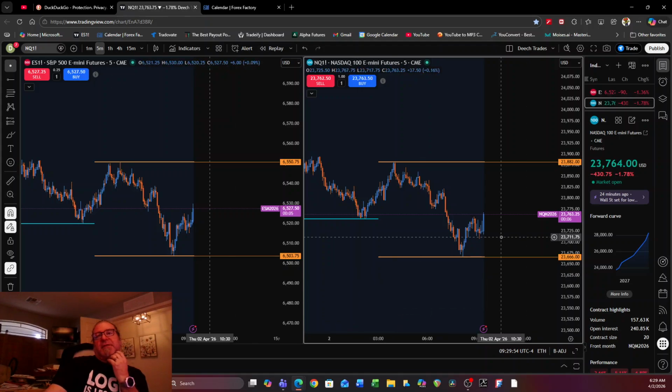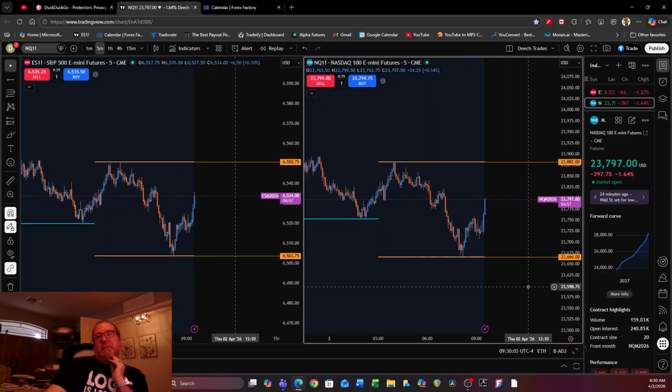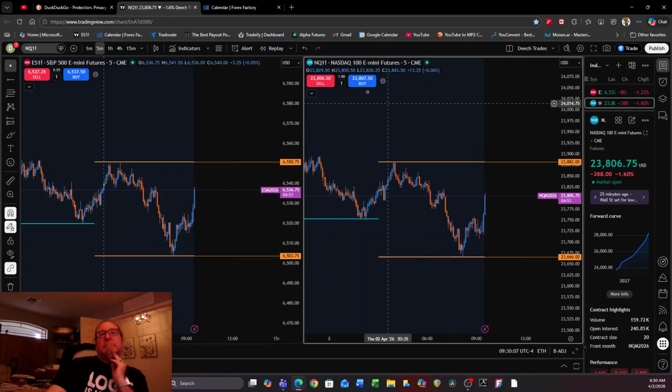So looks like this area of liquidity is being worked out right now. I think it's going to be the fair value gap here in London right now. So there we go. Shooting right up right away. Give it a second because it always calms down.